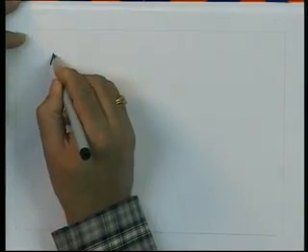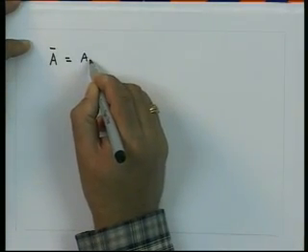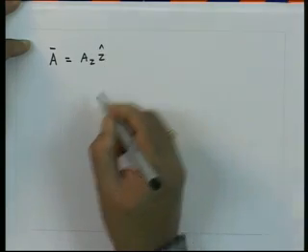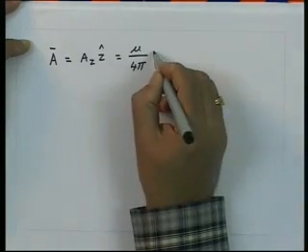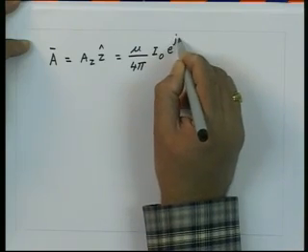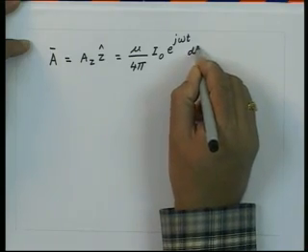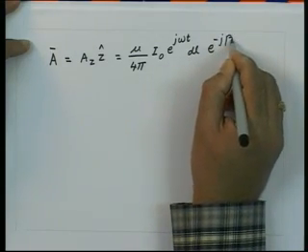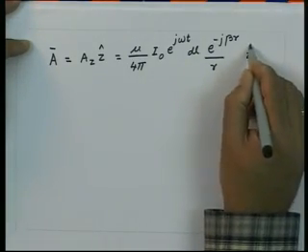So, I can write this explicitly now, taking that unit vector out: A will be only in z direction, because the current is in z direction, z cap, that will be equal to mu upon 4 pi, I 0 e to the power j omega t, dl e to the power minus j beta r upon r, in the z direction.